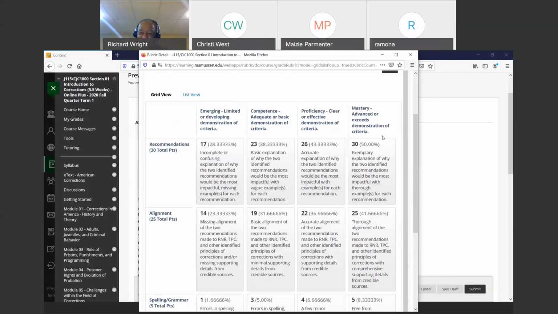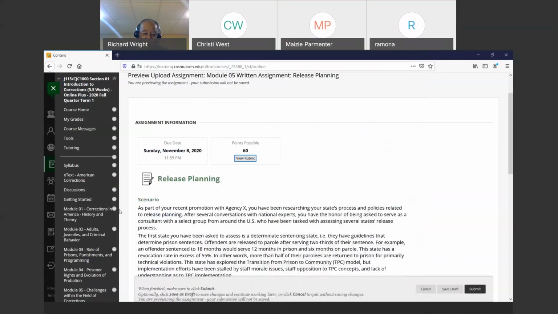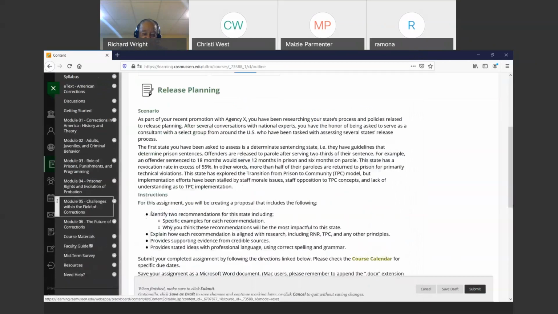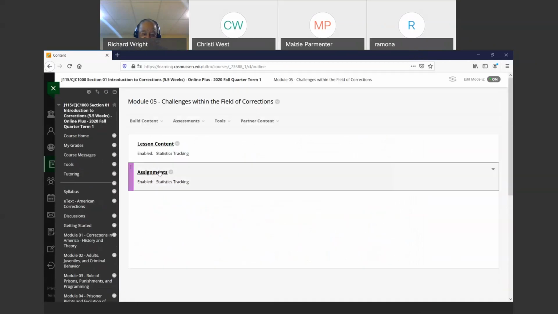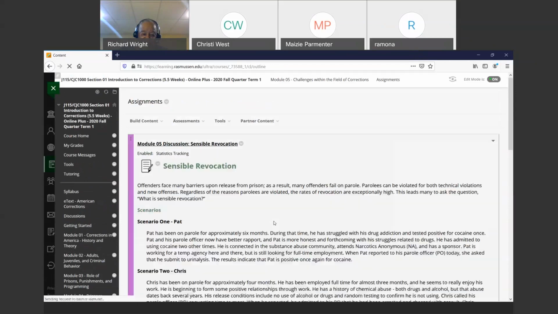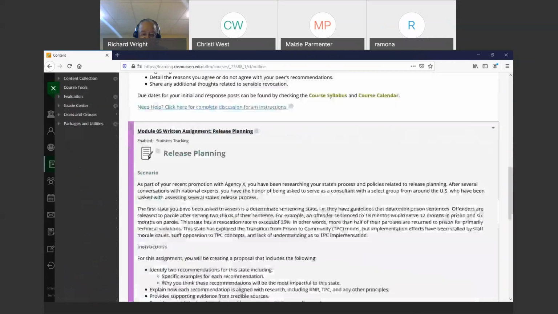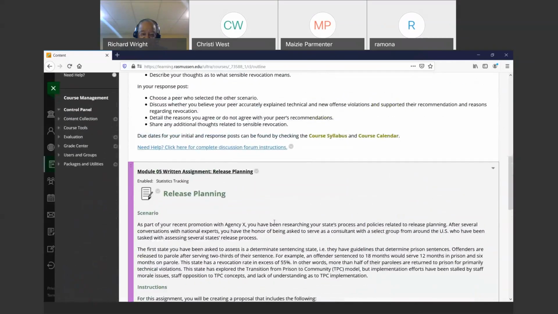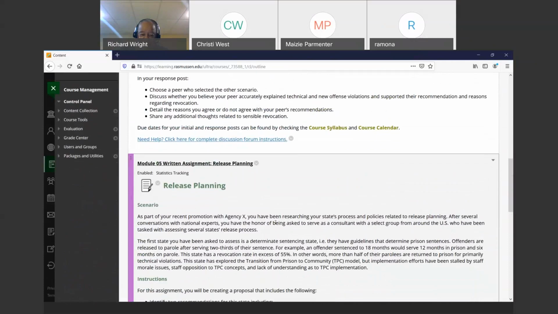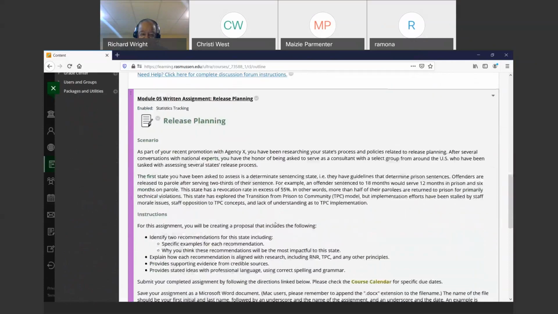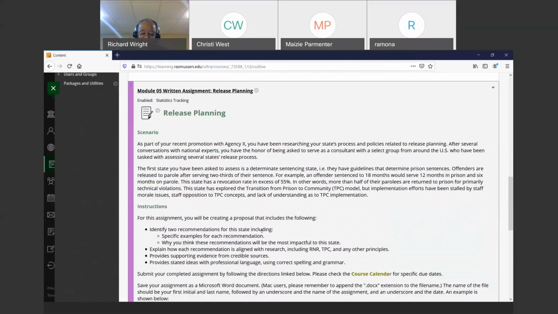If you go back to the module and look at the assignment, you have this scenario. Identify two recommendations for the state.